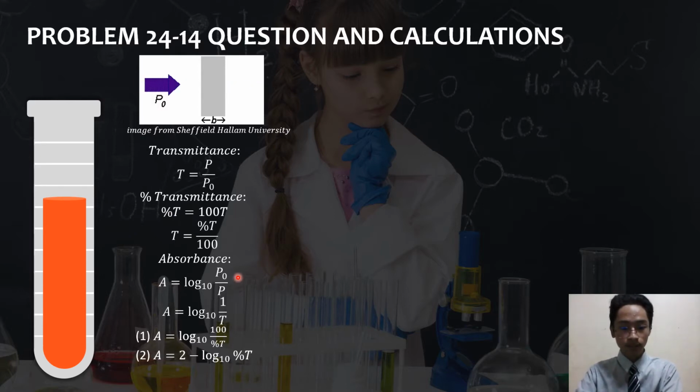Here we can see P sub 0 over P, which is the reciprocal of the formula for transmittance.